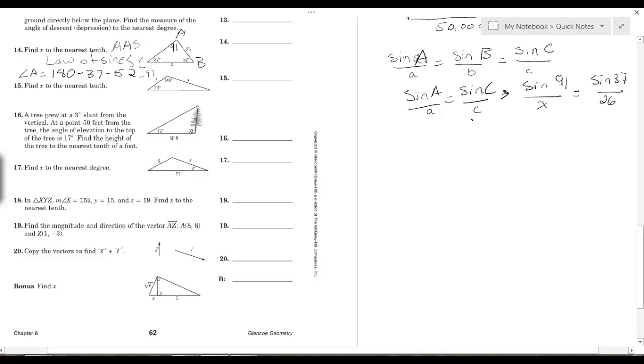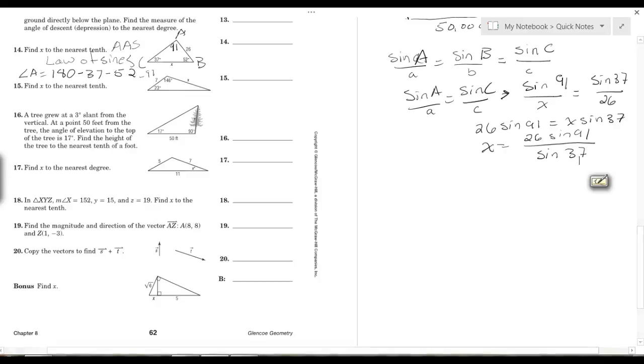I'm going to cross multiply. So I get 26 sine 91 equals X sine 37. I'm going to divide both sides by sine of 37. So I'm going to get X equals 26 sine of 91 over sine of 37.